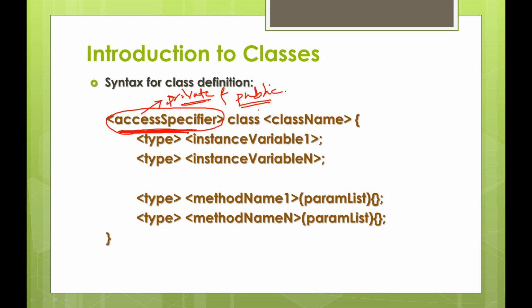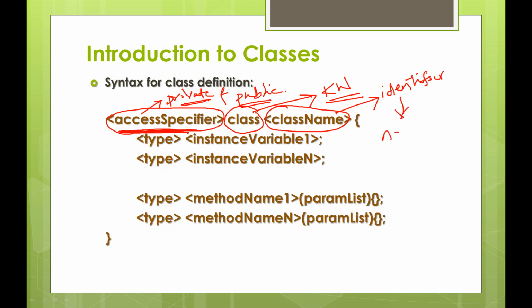So for class definitions, we will use the keyword class to define a class, and then provide an identifier which defines the name of the class, an identifier which gives a name to a class.